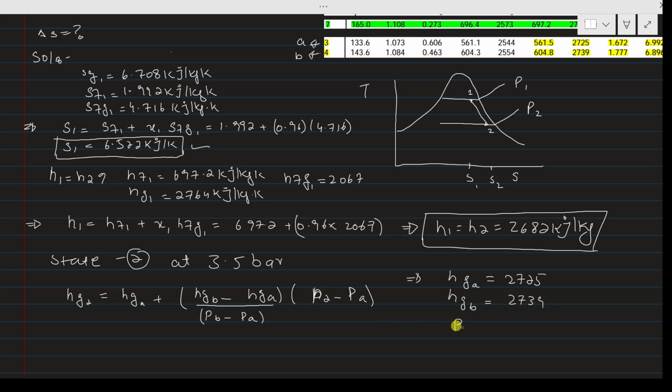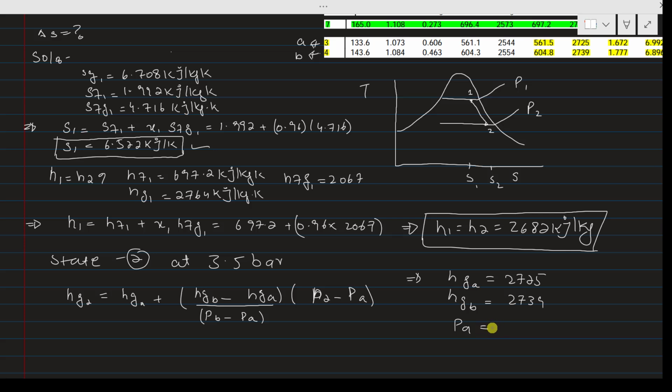And the pressure Pa, as I already told you, the higher value is used for the subscript A and the lower value is used for the subscript B, and put those values in the corresponding interpolation formula and you will get the required value for which you are using the interpolation formula.